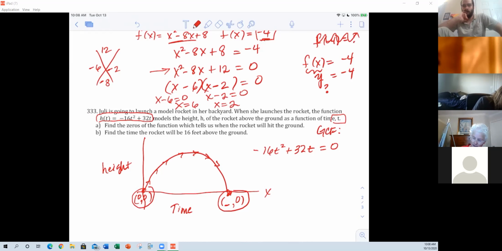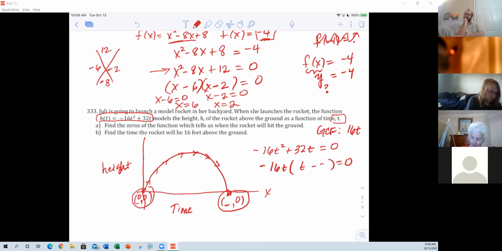So I'm going to factor out a negative 16t. And if I factor out negative 16t, what's left in the parentheses? t minus 2. t minus 2, yes.